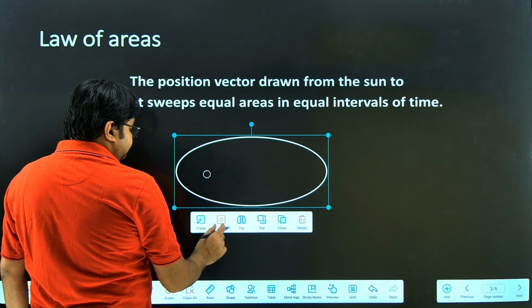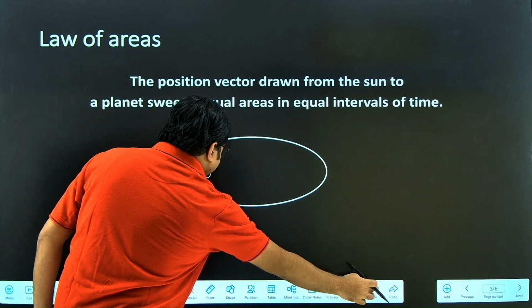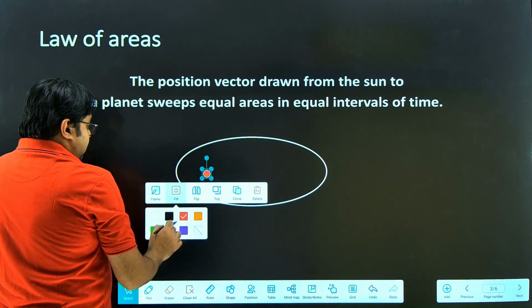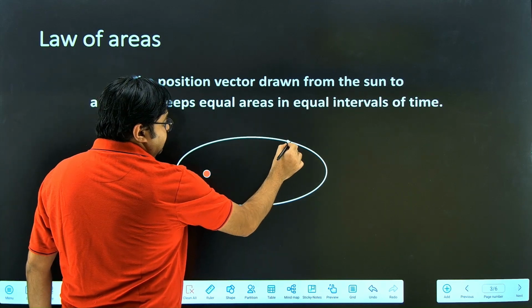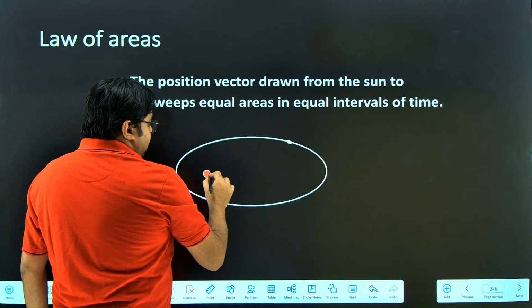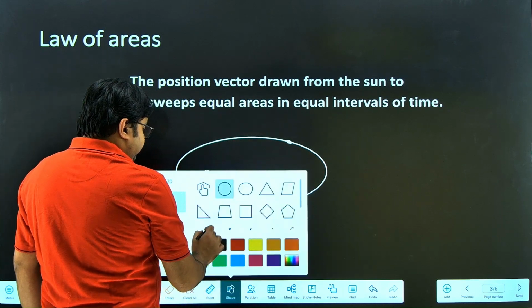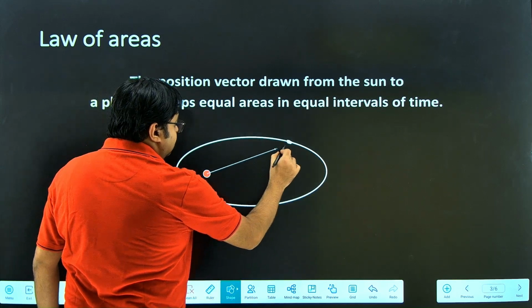And the sun, okay. So we have the sun. The planet is right now here, let's say. You draw a position vector from the sun to the planet.